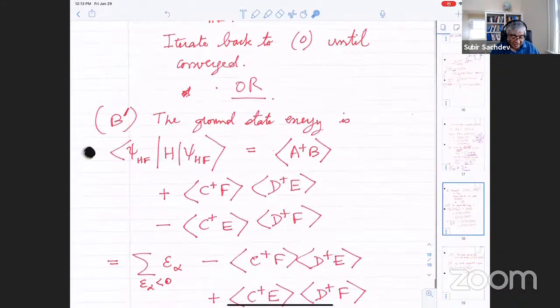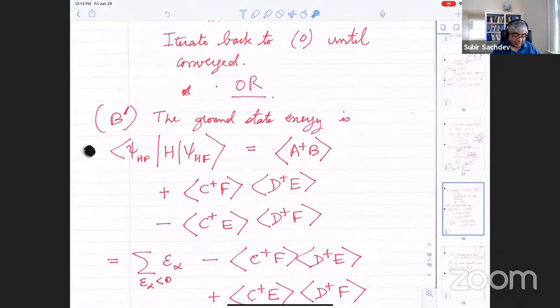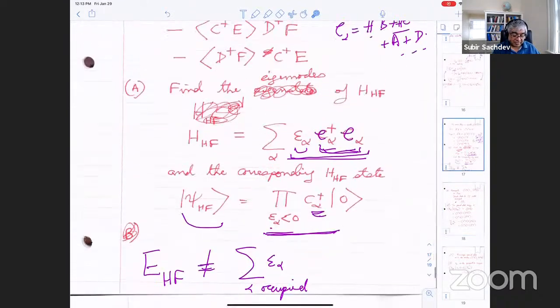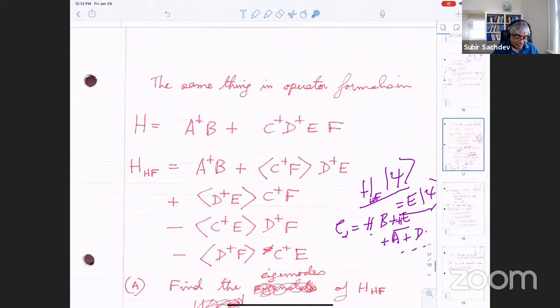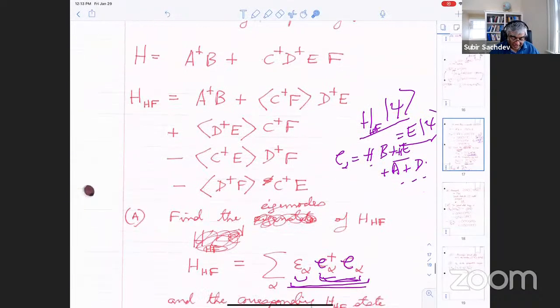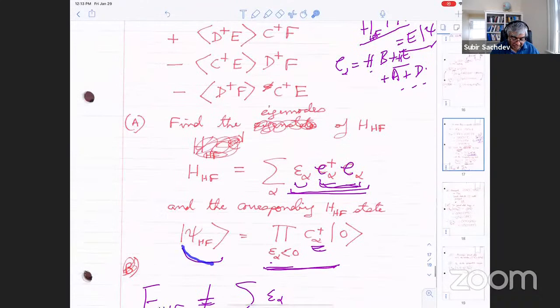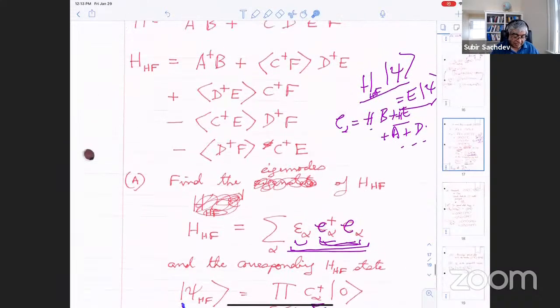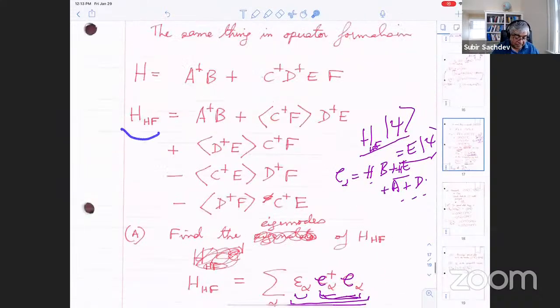Okay, the ground state energy is the expectation of the original Hamiltonian. So there are two different Hamiltonians you have to keep in mind. There's the full interacting Hamiltonian, and there's the Hartree-Fock Hamiltonian. The Hartree-Fock wave functions and the Hartree-Fock state only depend on the Hartree-Fock Hamiltonian.